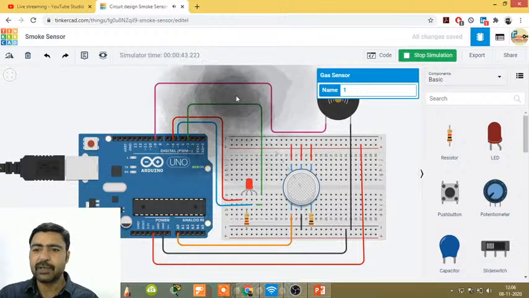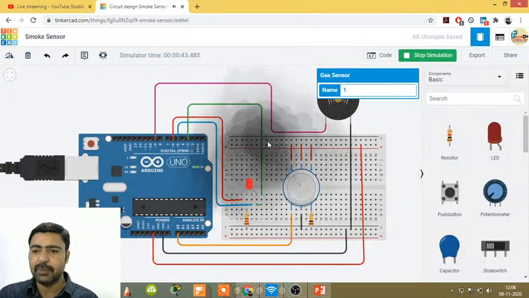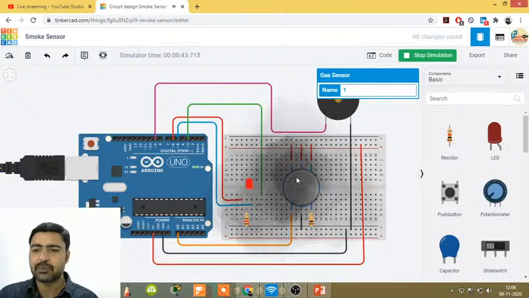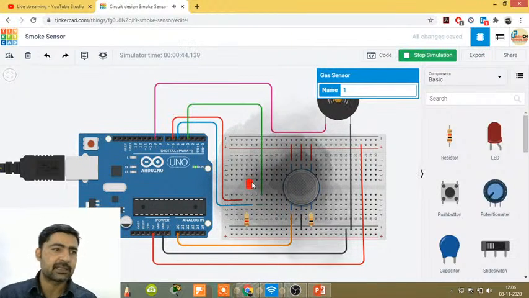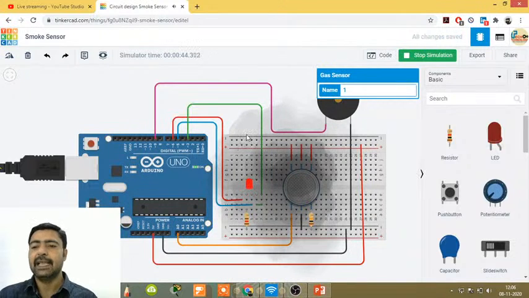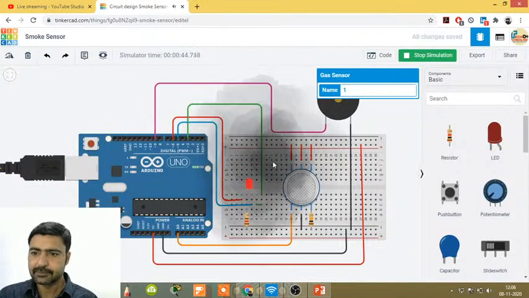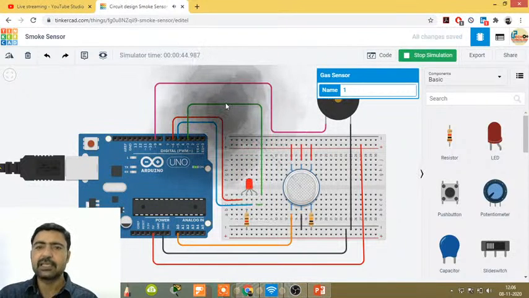And you will see one more thing, that when this will come near to the smoke sensor, this LED will be glowing in red color. So this is what we have programmed in this project.